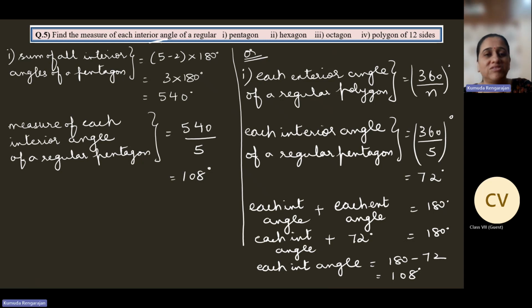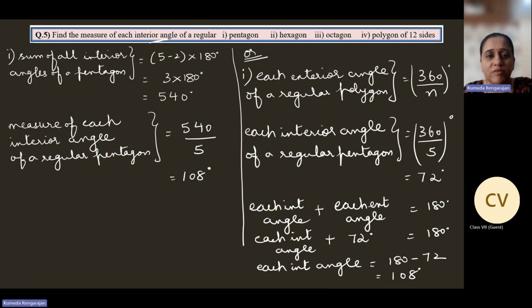Okay, so we know the formula is 360 by n because the total of all the exterior angles is 360. So each will be 360 by n. That's a general formula. Irrespective of the number of sides, the sum of all the exterior angles is always 360. So each one will be 360 by n.